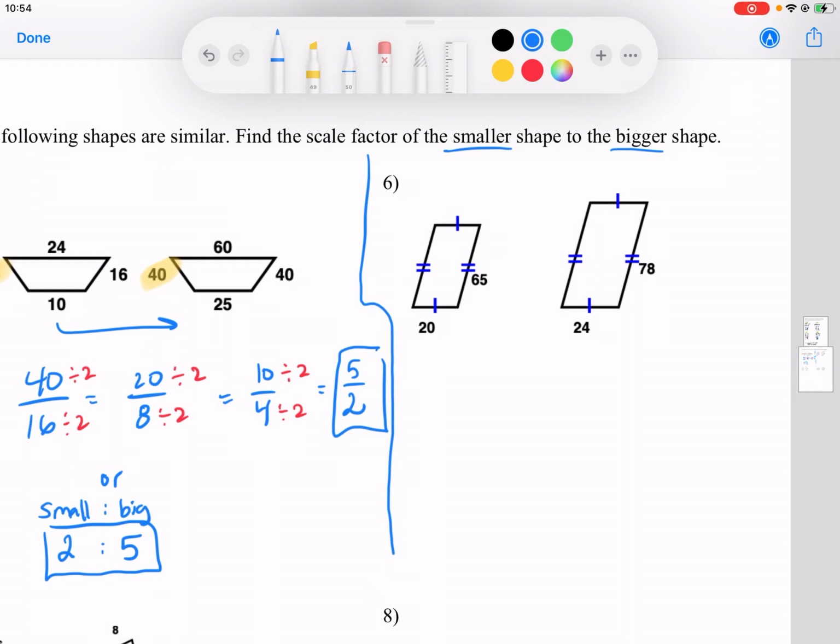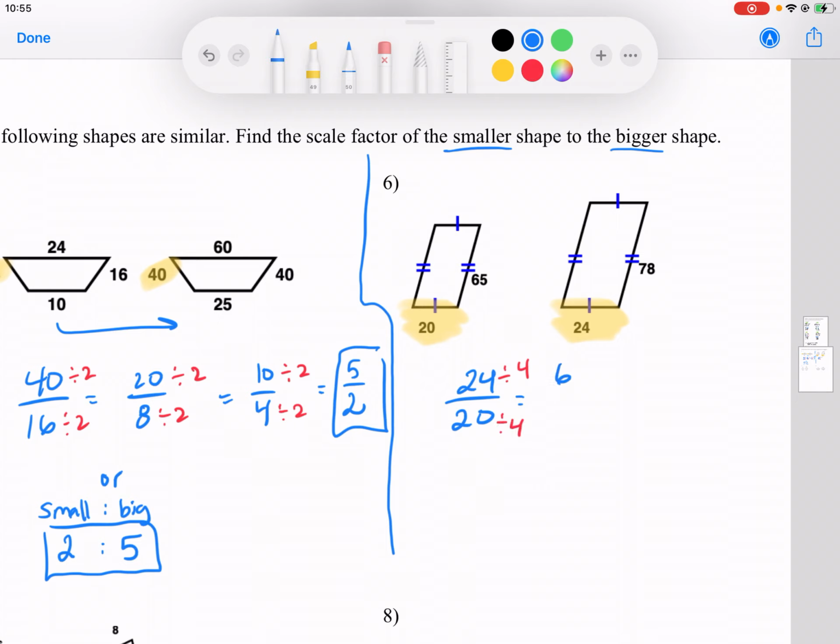Let's do another. Same idea. You just find two sides that match. This shorter side matches with the other shape's shorter side, so those are a good option. Once again, we're going from the smaller to the bigger. Since we're getting to the bigger one, you start with the bigger and put it over the smaller. Then we keep finding things you can divide them by. I'm going to use a bigger number because I know both of these are divisible by 4.